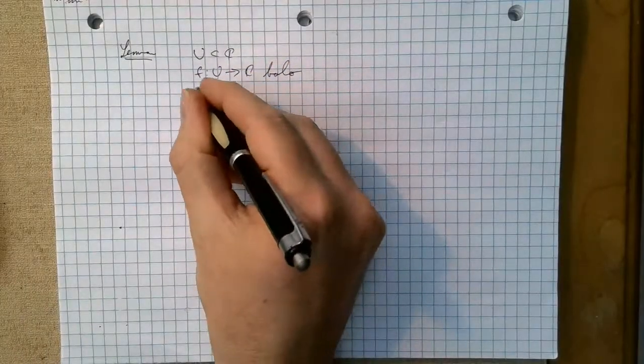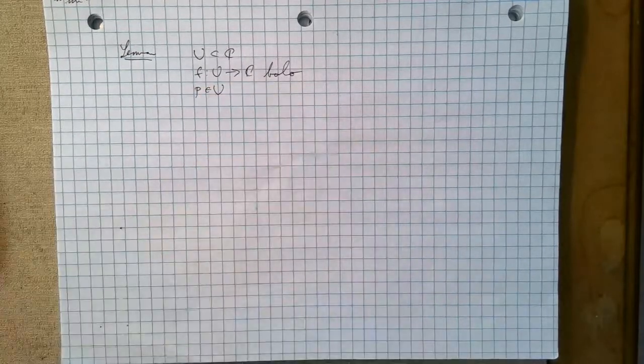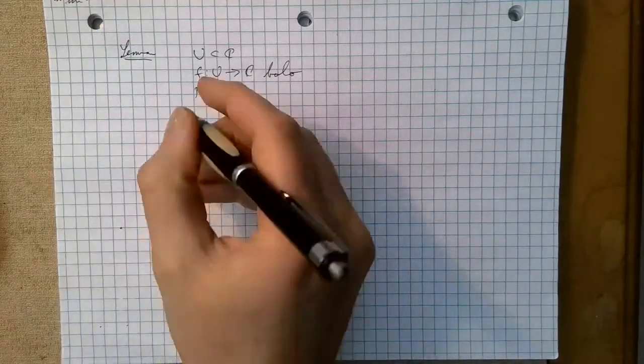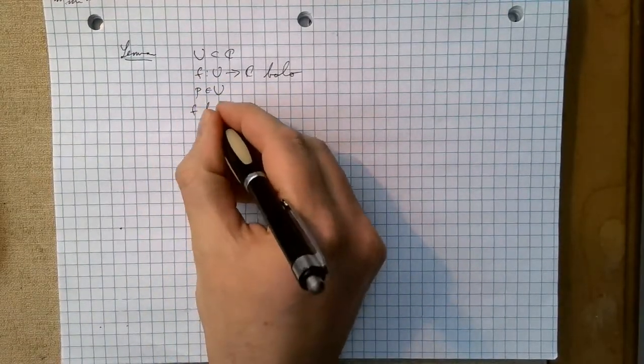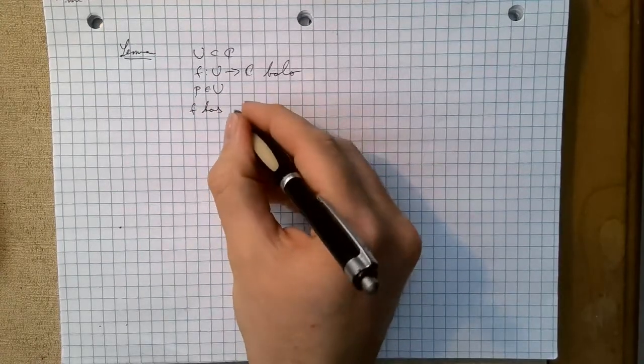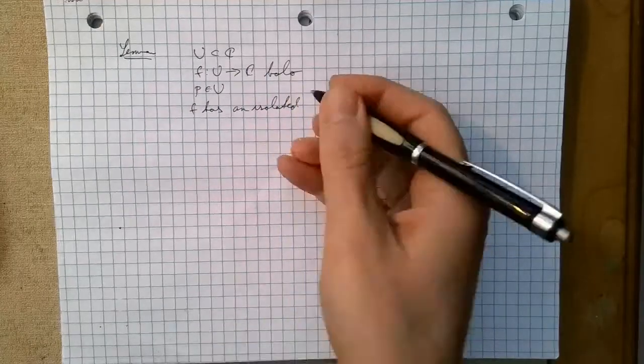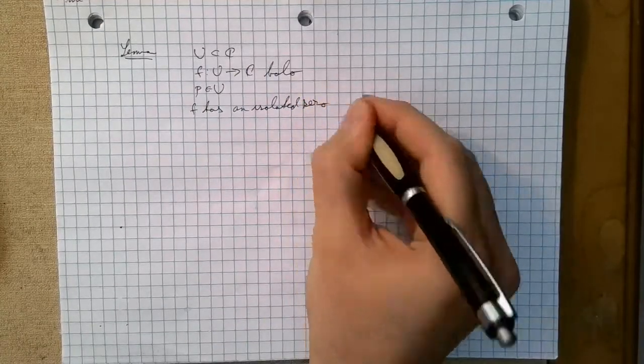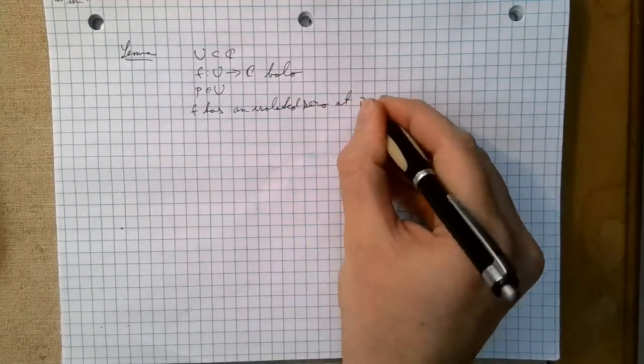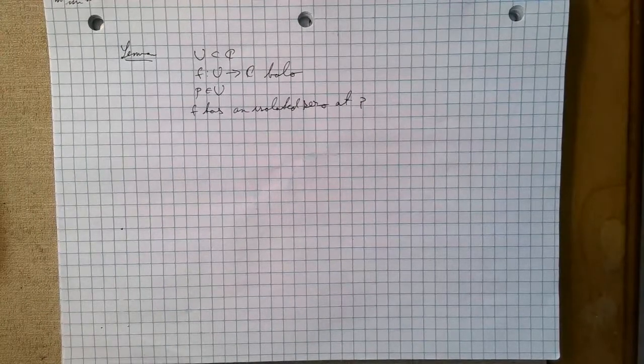P is some point in U, and f has an isolated 0 at P. So f of P is 0 and f is not 0 in the neighborhood of P, outside of P, of course.